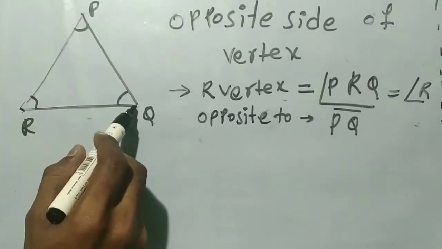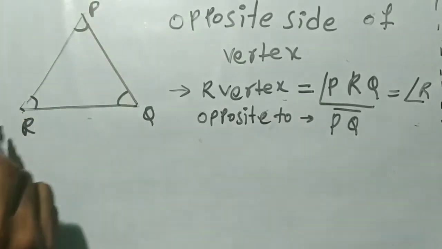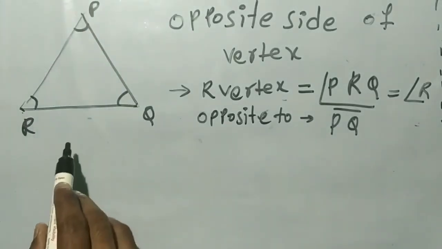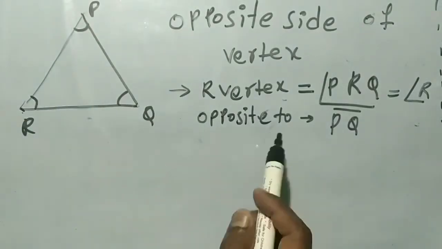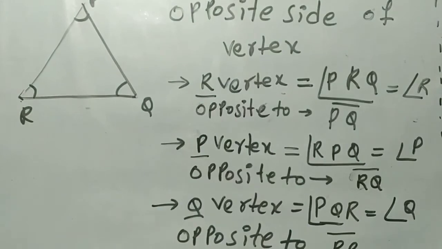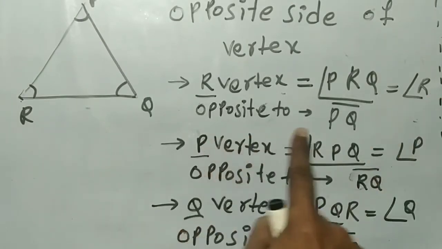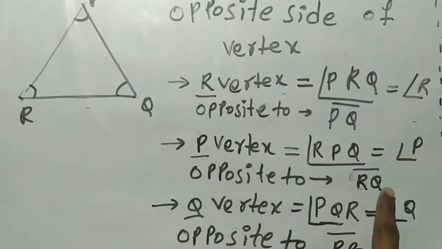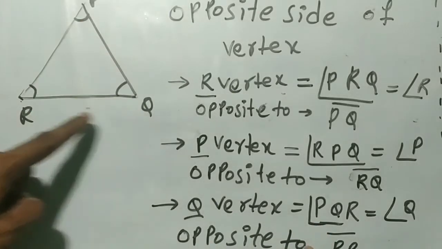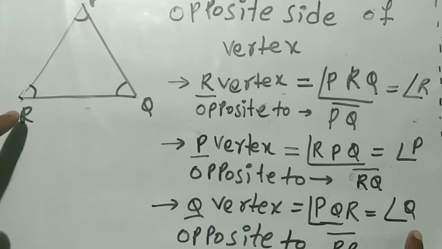So angle Q is opposite to PR, and angle P is opposite to RQ. Here we see which vertex is made up of which lines, and which side the angle is opposite to. The Q vertex is made up of PQ and QR lines, and angle Q is opposite to PR.